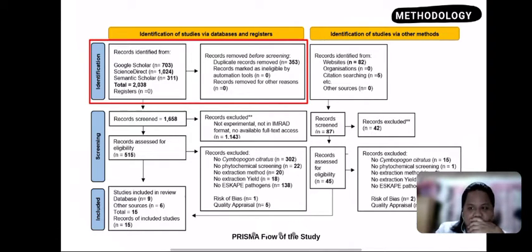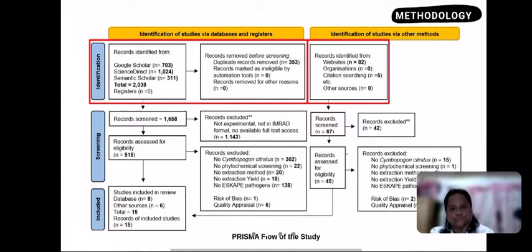We also identified other records which were identified from other websites with 82 records and from the citation searching with 5 records. Duplicate records of 353 were removed from the three databases, resulting to 1,658 records subjected for the screening process using our established inclusion and exclusion criteria.